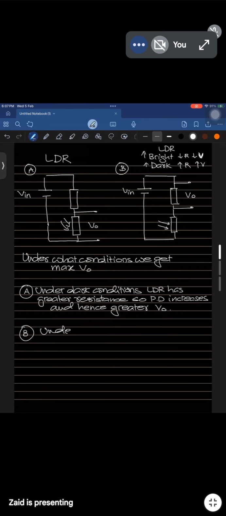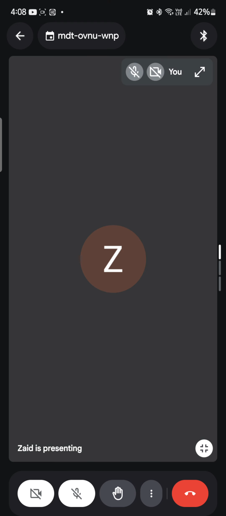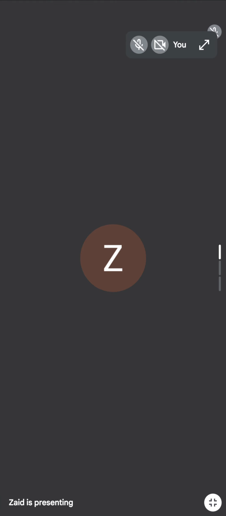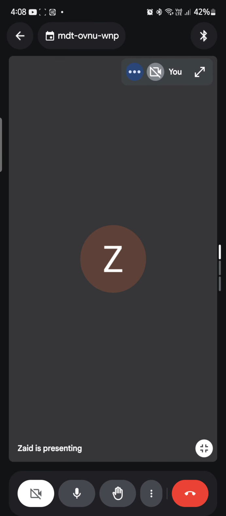So less PD across the LDR, greater PD across the fixed resistor. Hence greater V out.